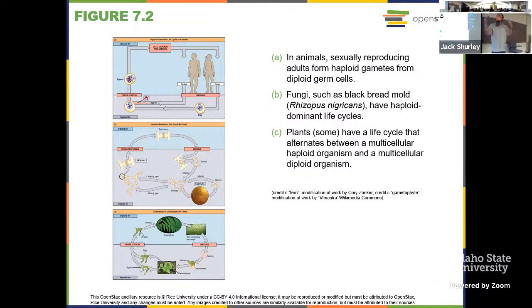That's the fuzzy, dark bits that you see. The black on the bread mold in this case are the spores. And within those spores are the haploid cells that will go back down to being the fuzz on the bread, or whatever it's growing on. The bulk of the time, it is haploid, fuzz-like.